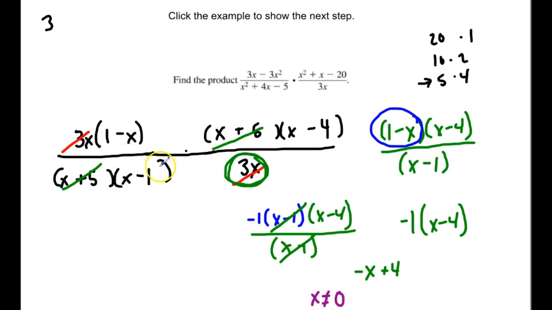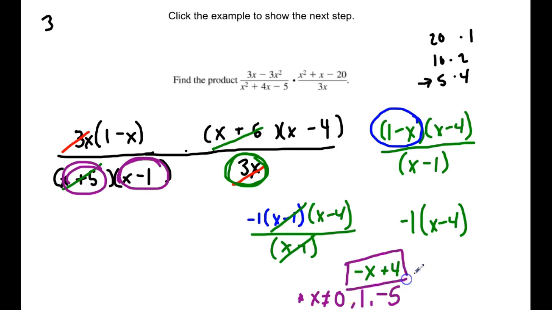I also see over here, if my x was 1, my denominator would be 0. And here, if x was a -5, my denominator would be 0 as well. So these are all of my exclusions. Even though my solution did not have a denominator, I still have to include these exclusions, okay? So my final answer is -x plus 4, but x cannot equal 0, 1, or -5.